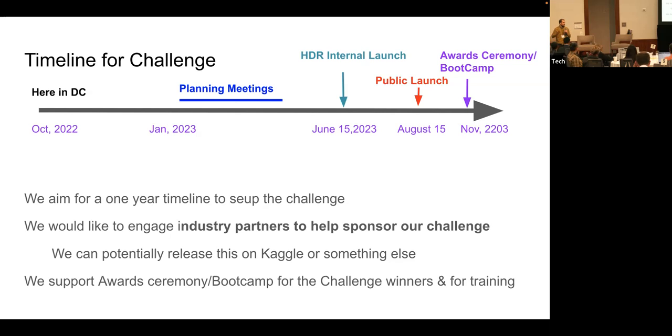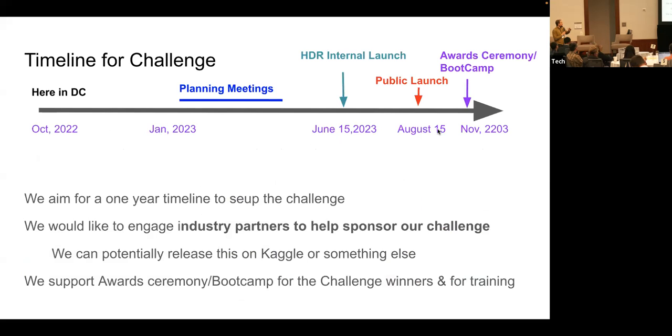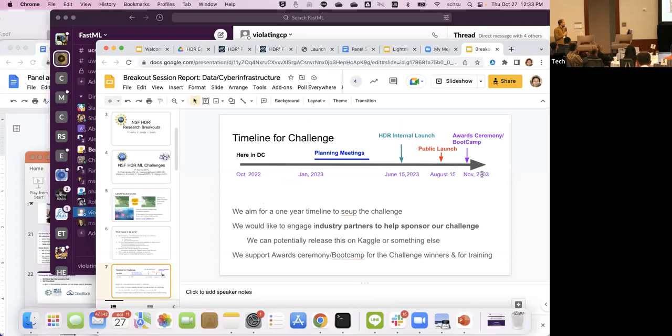There's a broad range of people who would be interested in the challenge. If this works out well, we can take what we learn and, say, 2 to 3 months later, we have a public launch. And then we have an award ceremony / boot camp is the word I was looking for. And so that's basically the idea of the ML challenge.